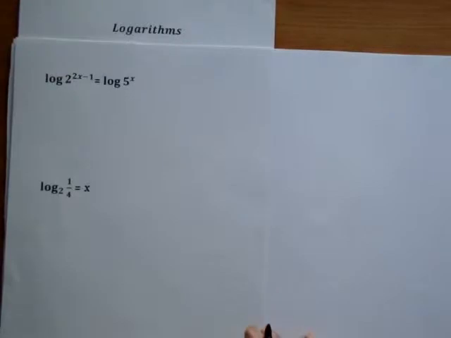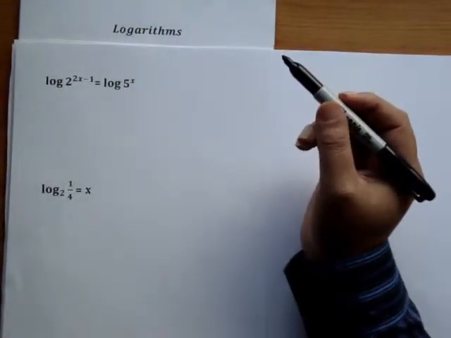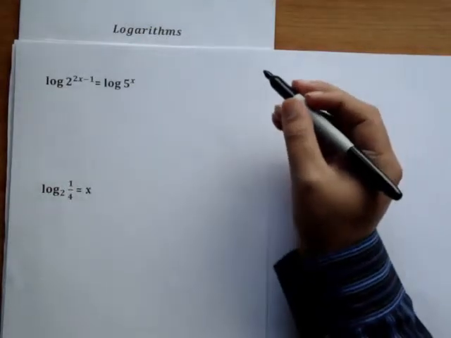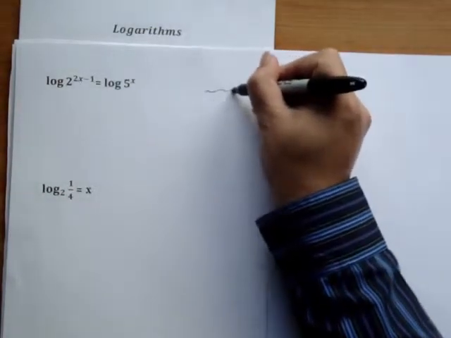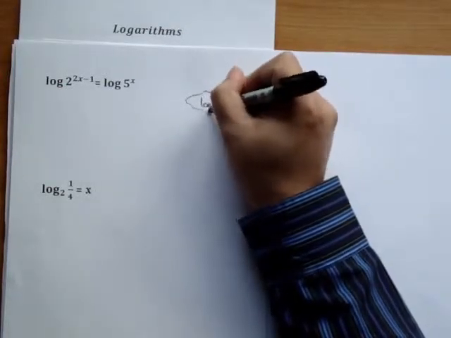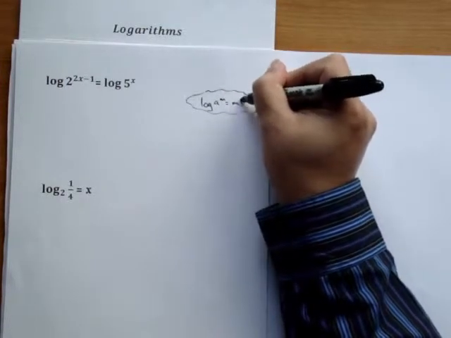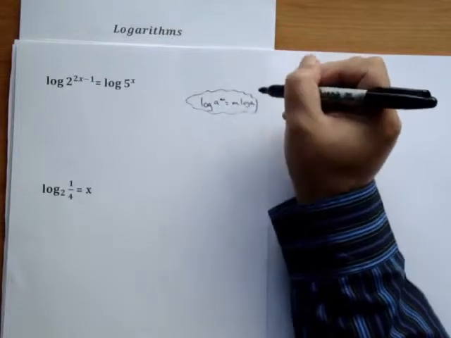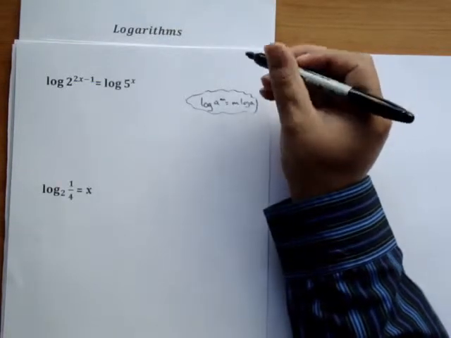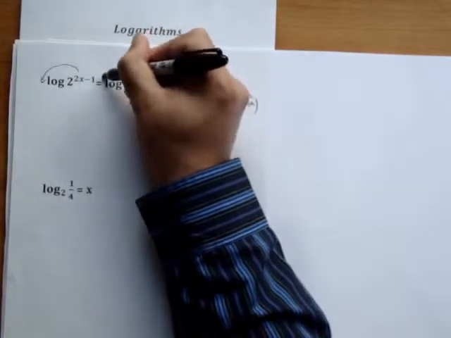Now let's use this property of logs to solve some logarithmic equations. In this first one we can't use the rules of indices because the bases are different. So we're going to have to use a log law, and the one we're going to use is log a of m to the power n equals n log a. So first of all we bring down this power as we can using the log laws.